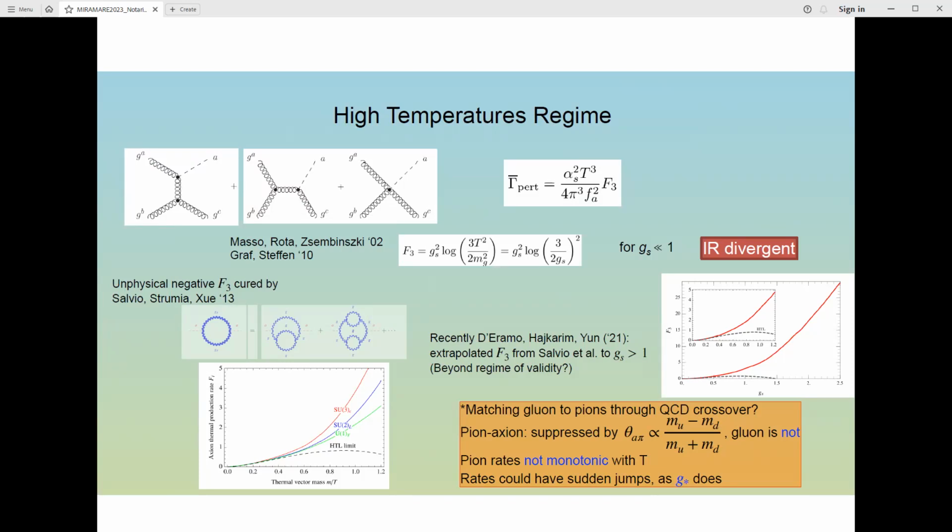Okay, so you are matching two quantities which you should not match because one goes to 0 in one limit, the other one does not. Moreover, the pion rate is not monotonic with temperature; it goes up and down, so it's very difficult to match two quantities that go up and down.